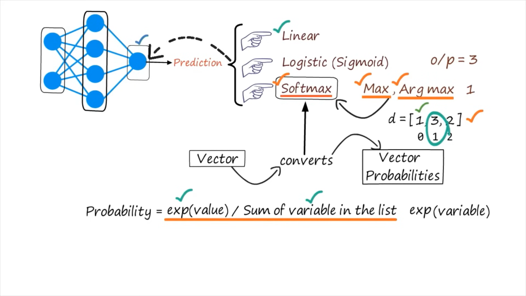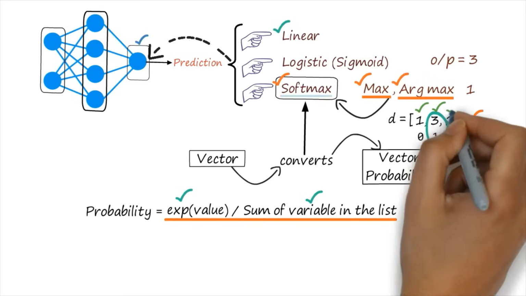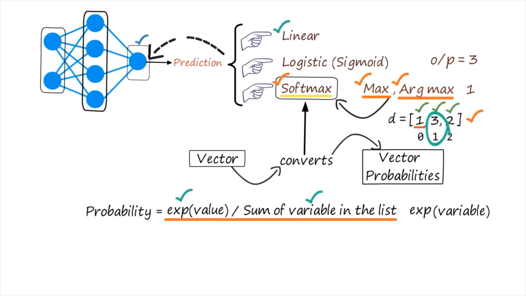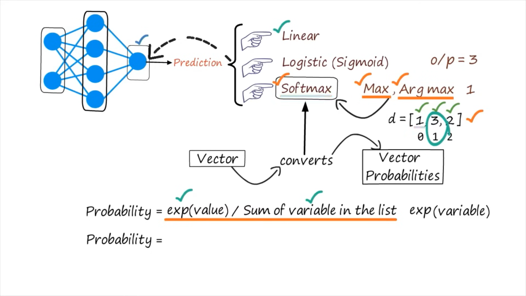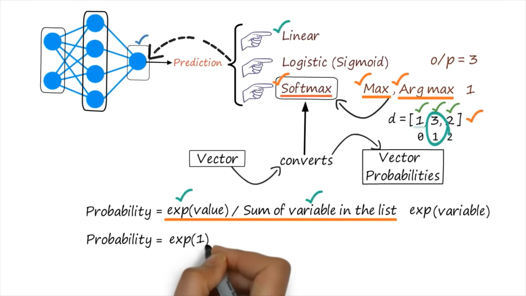In the list 1 3 2, how can we convert this value 1 into a probability? Then we will convert 3 into a probability, and then 2. So let's check how this 1 is converted to a probability. We write probability equals, for the value I want to pick, 1, the exponential of 1 divided by the sum of.